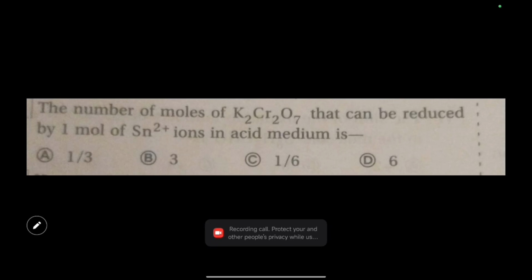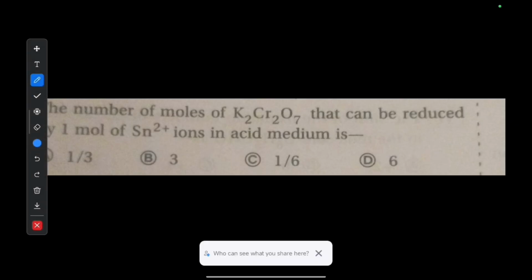Now, your next question is this. The number of moles of K2Cr2O7 that can be reduced by 1 mole of Sn plus 2 in acidic medium. So what do you need to do? You need to write the balanced equation for this first. That means it is like K2Cr2O7 plus Sn plus 2 changing to what happens in acidic medium?